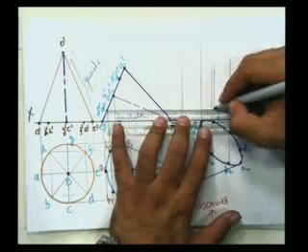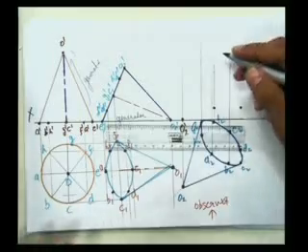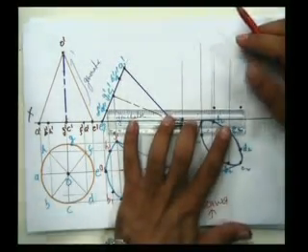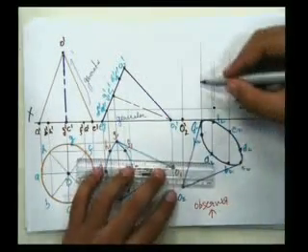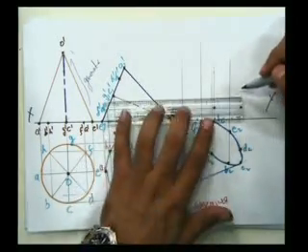F was here, so this line. D was here, so this line. Projectors I will also draw so that it's clear. G and C: G is on this line, and where do I find C? C is on this line.